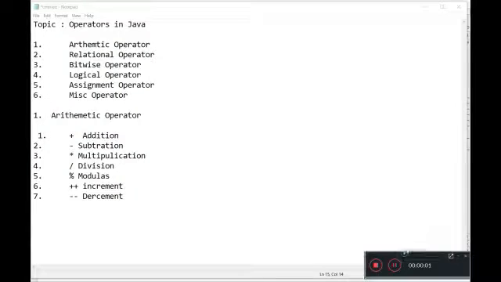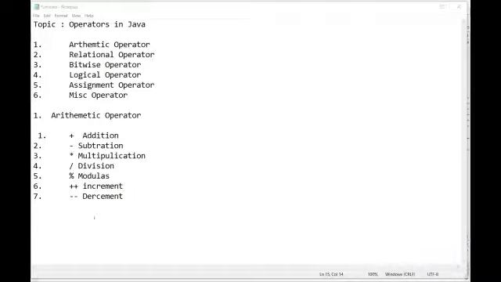The second category that we are going to see today is relational operators. Within the relational operators, we have certain subtypes.